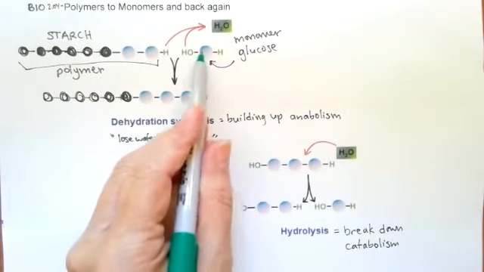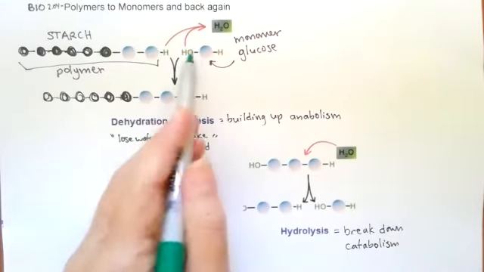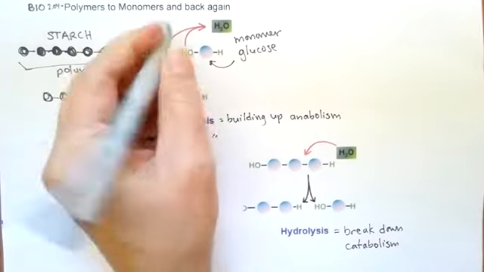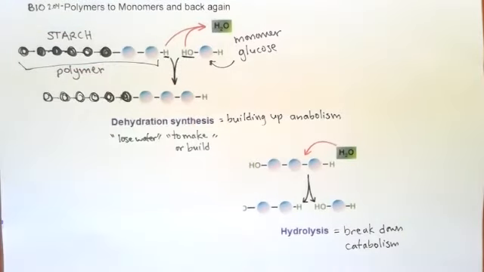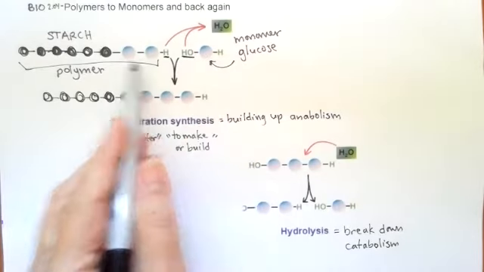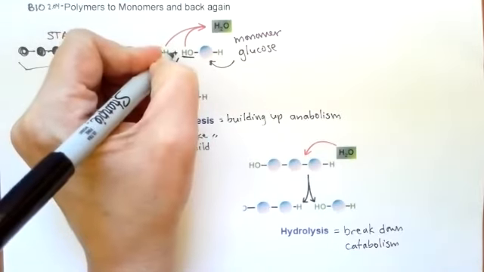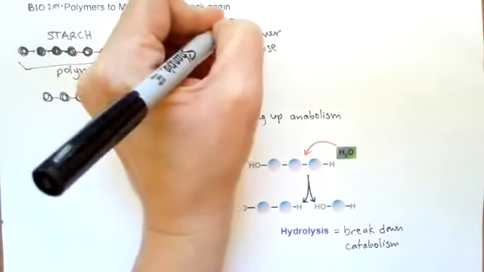So my monomer of glucose here has some atoms that stick off the side. On one side I have an OH, and I know in your head, if you didn't say it out loud, everybody just went "Oh." And on this side of my starch, I've got an H. The way this gets added to this polymer is the OH and the H combine and then leave as H2O.